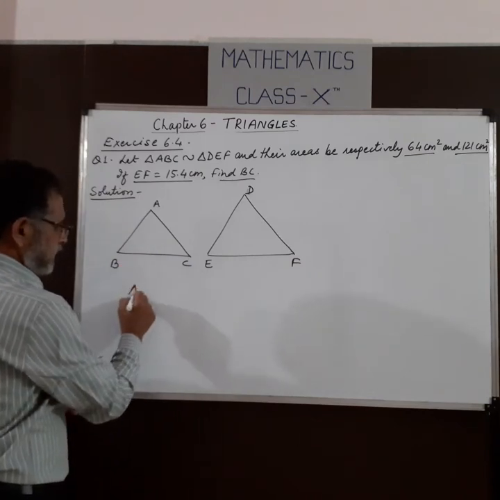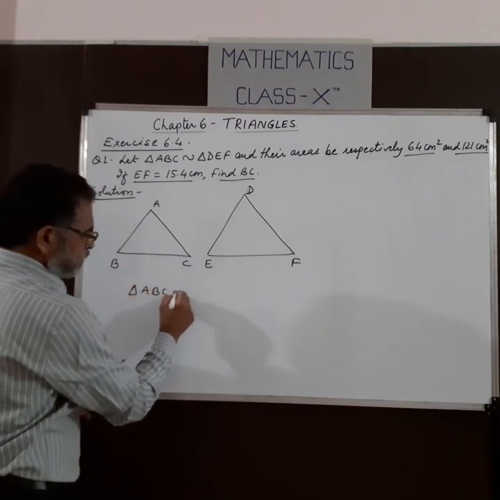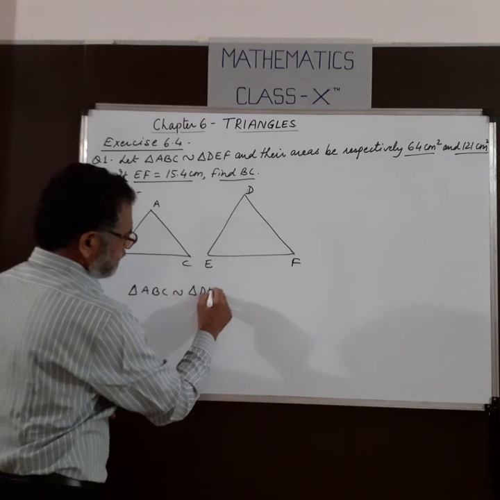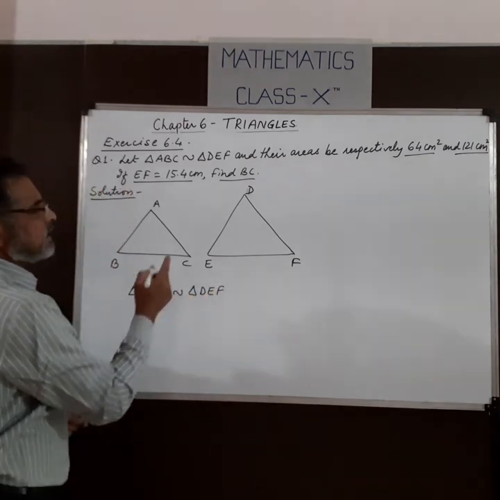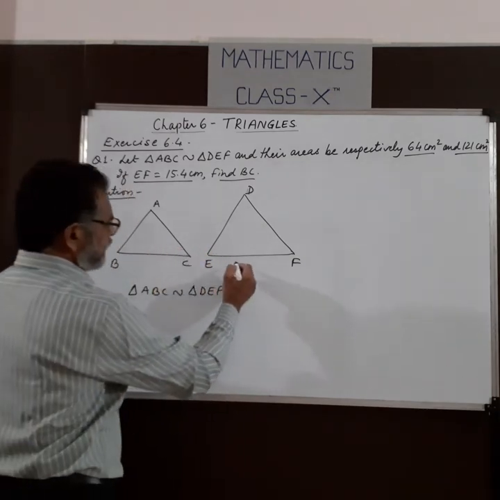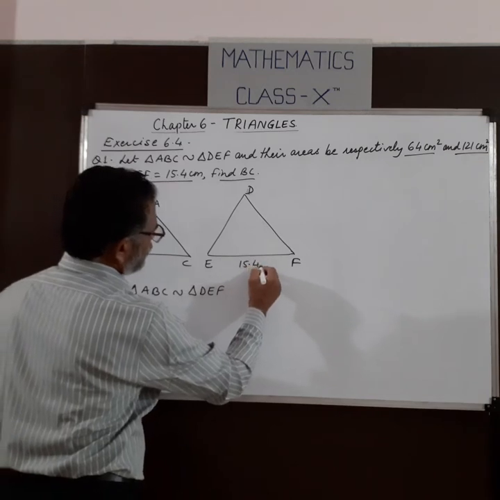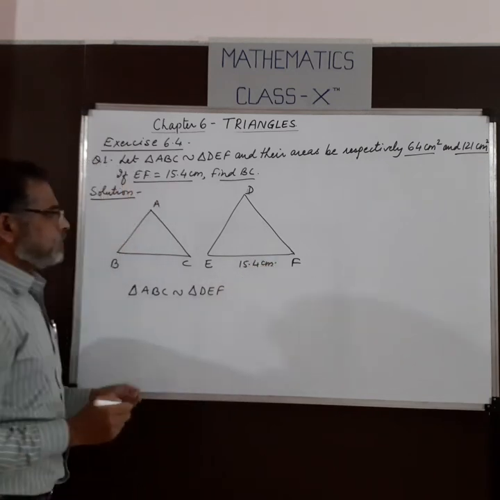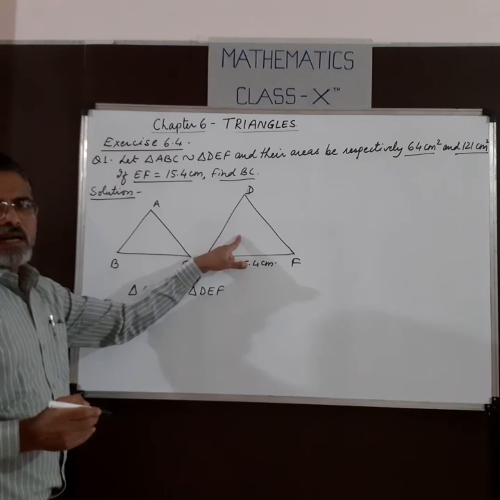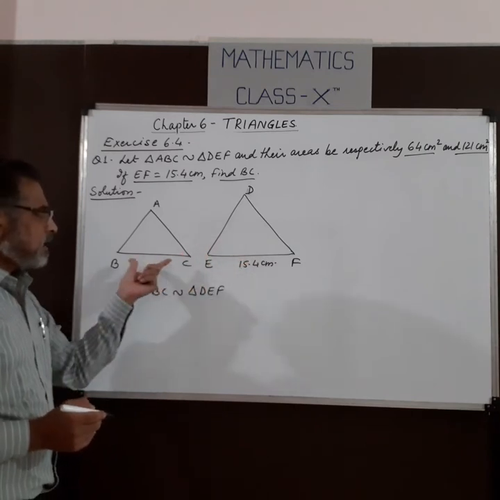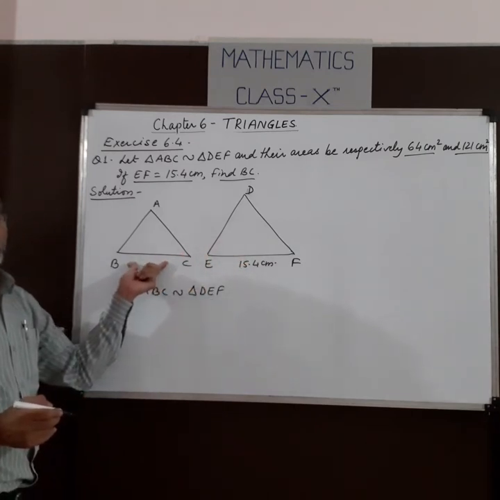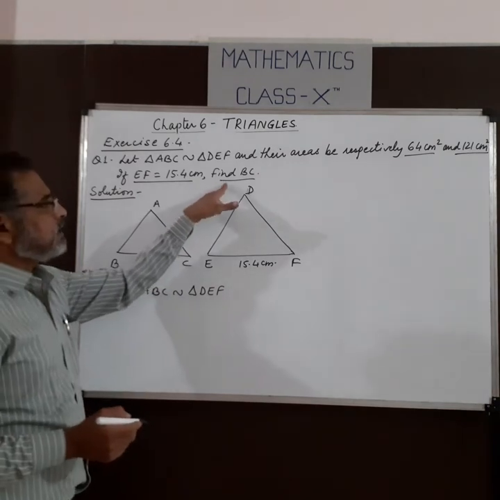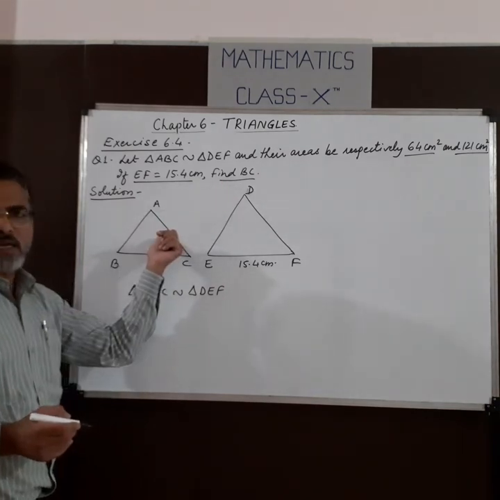Triangle ABC is similar to triangle DEF and their areas are given. Also EF is 15.4 centimeters. In the similar triangles, EF corresponds to BC, which means we have to find the corresponding side of the other triangle.